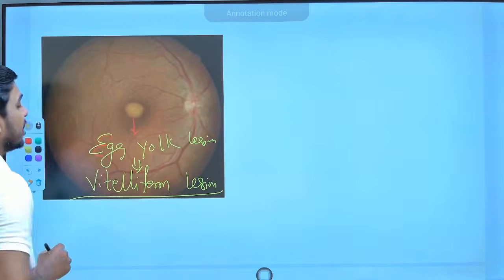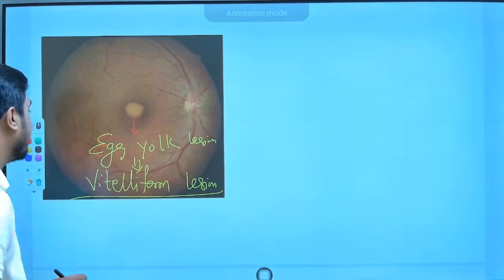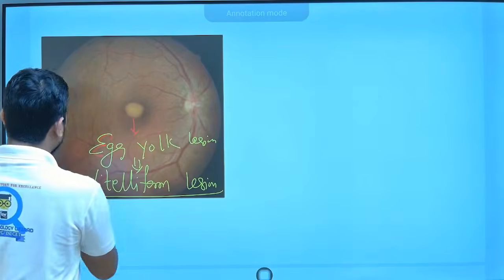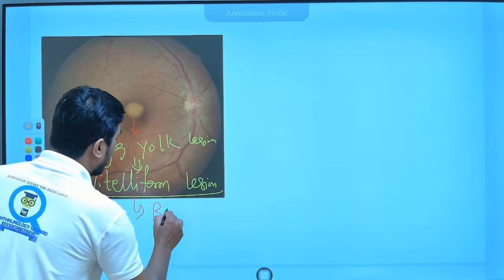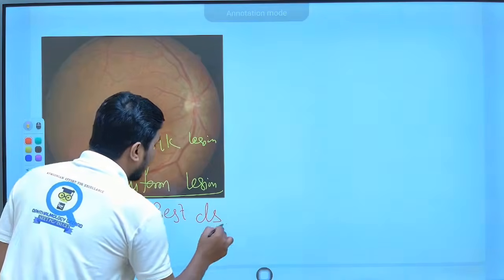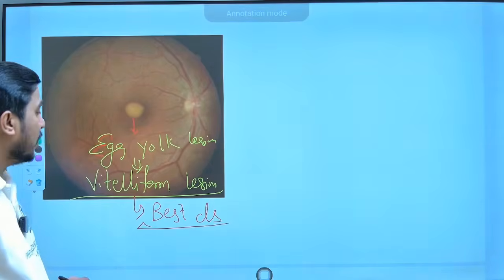And in which condition do you see the vitelliform lesion? Best disease.